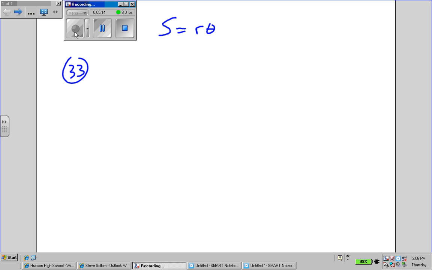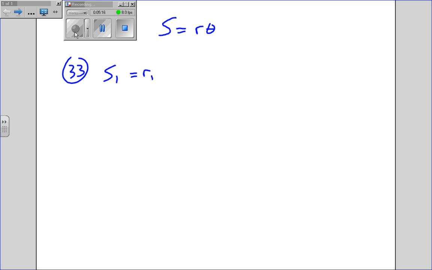33 is a similar problem. We've got S1 equals R1 theta, S2 equals R2 theta. So they tell us originally that R1 is 11, S1 is 9, both in centimeters. So we solve for theta.